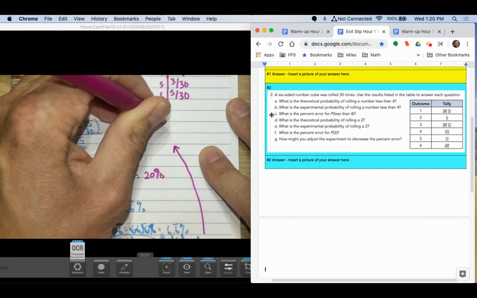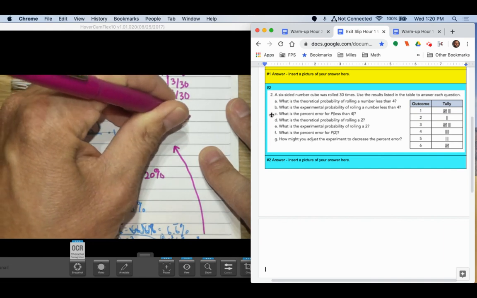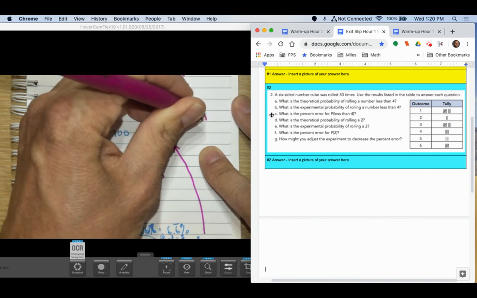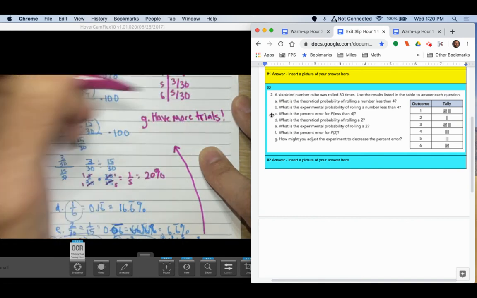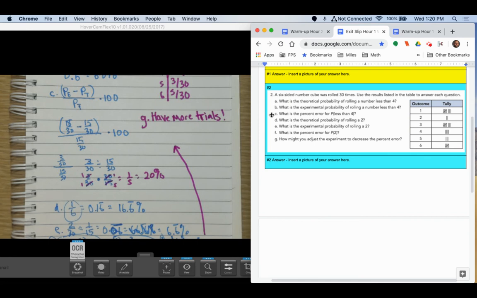Have more trials. The more trials you do, the closer you're going to get to the theoretical probability. So the more trials you do, you get closer to the theoretical probability in your experiment.